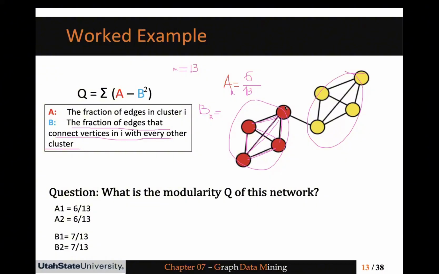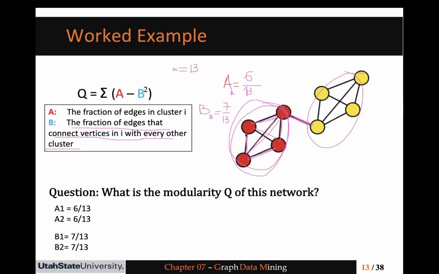And we can see that the red community is connected to the outside community using only one single edge, which is the one that I am highlighting here. So in fact, B is equal to 7 over 13 in this case, right? B is equal to 7 over 13. And that's the fraction of edges which links the red community to the outside community.